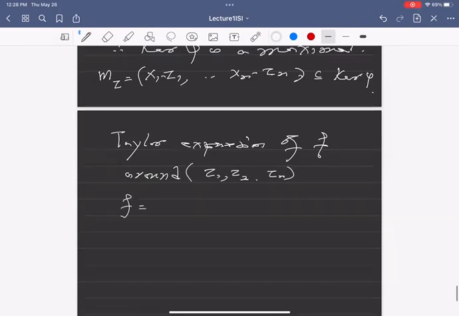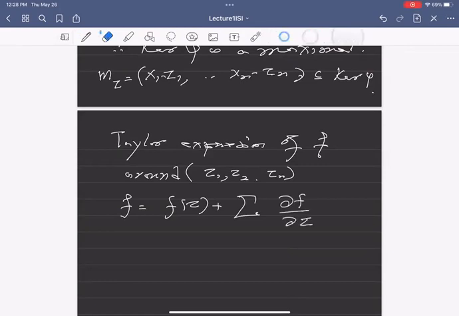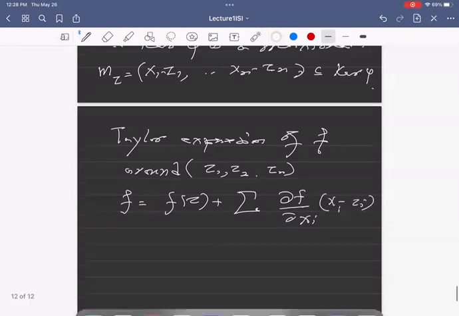This f will be given by f(z) plus the summation of ∂f/∂xi times (xi minus zi), and then quadratic terms, etc. But f(z) is 0.